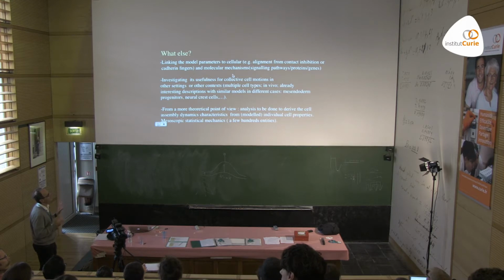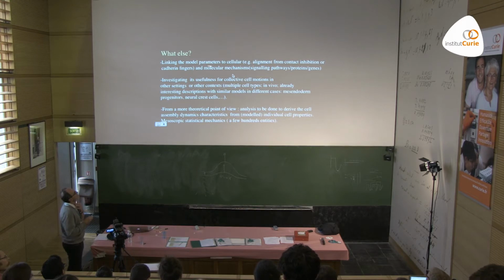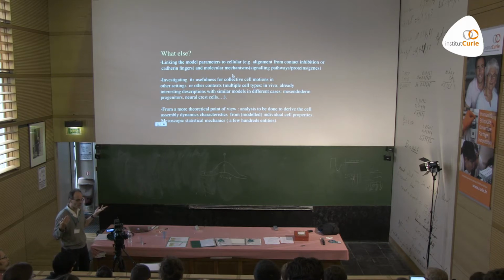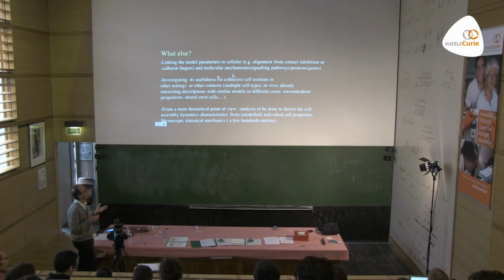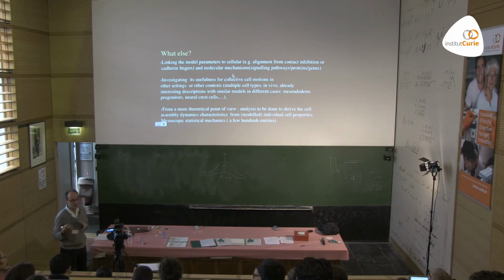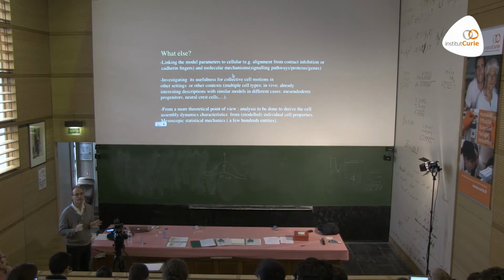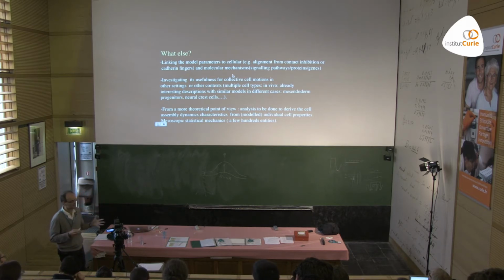So there are different things that need to be clarified clearly. One thing that would be nice: in this simple model, in general, there are just phenomenological parameters. So people want to link them to some molecular pathways, to some molecular modules. This has already been started by different groups doing RNAi, so you knock out one gene and you see what it affects.